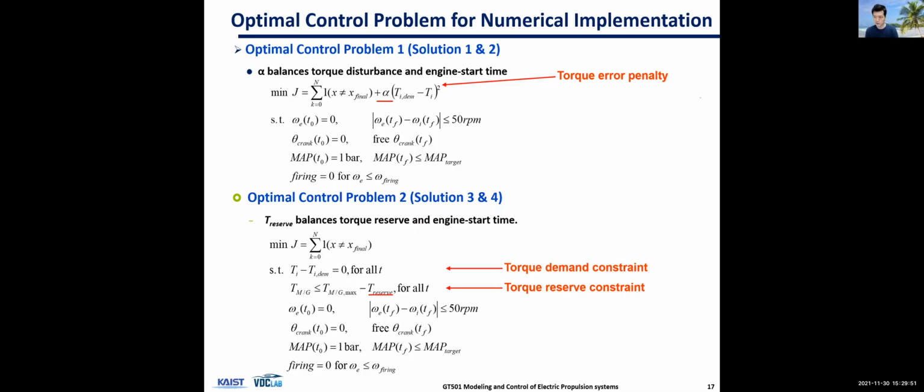To numerically implement. So this is the modified version of that. You can see the cost function is modified.